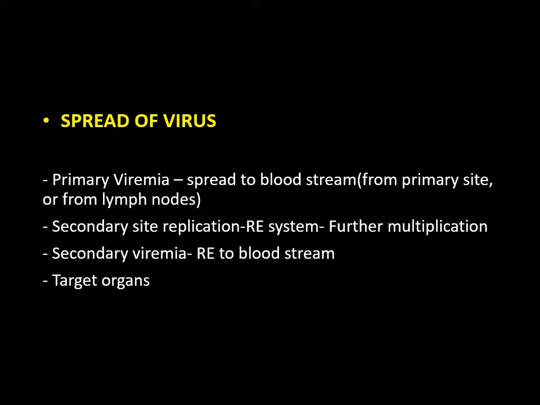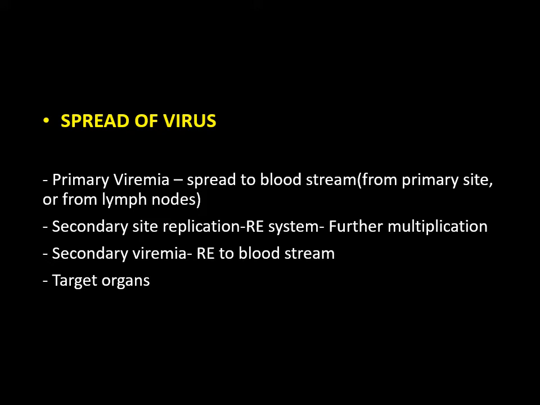That is the stage of primary viremia, meaning it is the first time the virus enters the blood. At that time the patient will manifest with the general symptoms of viral infection like fever, malaise, and fatigue. All the symptoms of a normal viral infection will be there. So that is the stage of primary viremia.